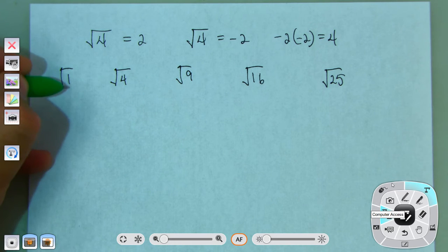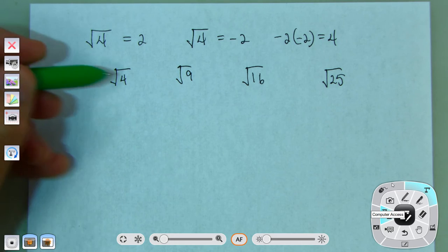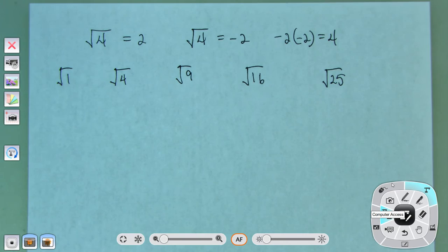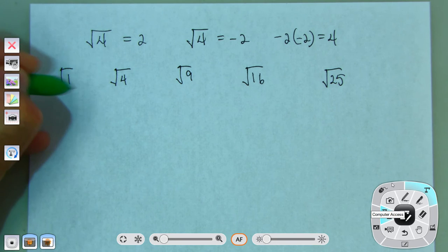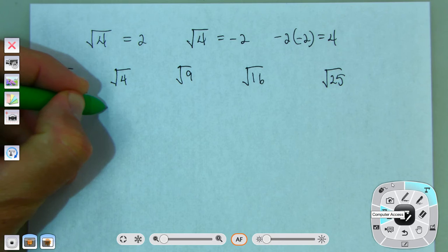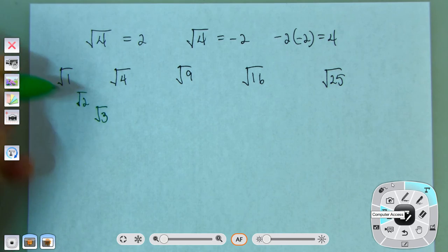And think about, though, how I got that. That's 1 times 1, and that's 2 times 2. That's 3 times 3. That's 4 times 4. That's 5 times 5, right? But notice what's between. Between the square root of 1 and the square root of 4 is the square root of 2 and the square root of 3. Correct?